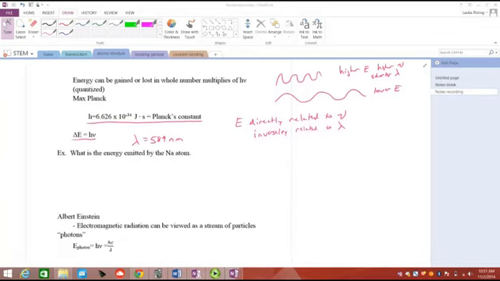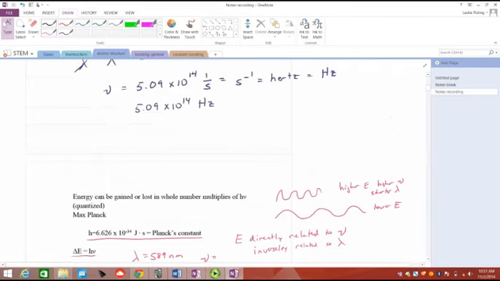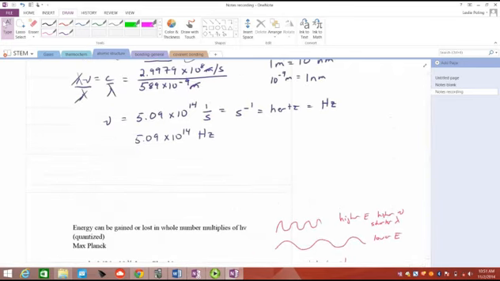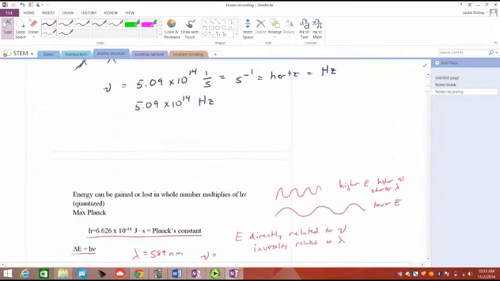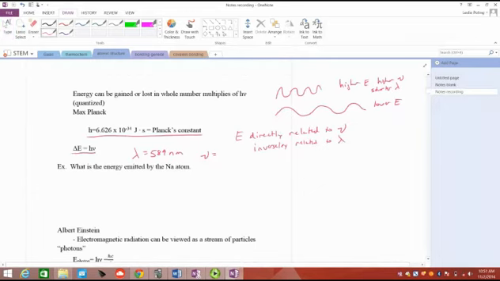We know that nu equals c over lambda, because we rearranged that up there. So we can plug that in. Delta E equals h c over lambda. Just plugged in for nu.